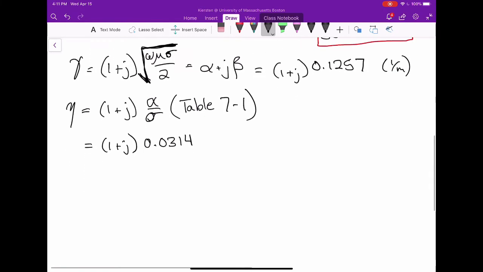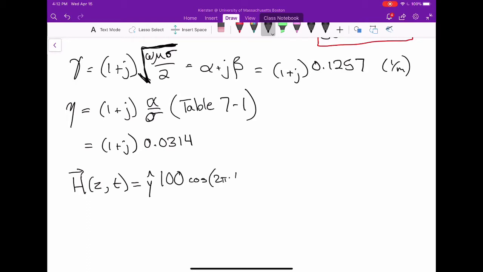So based on what we know from that, we can now write an expression for the magnetic field as a function of position and time, and then we can convert it to a phasor. It's y-directed, it has amplitude of 100. It is cosine of 2 pi times 10 to the third t.